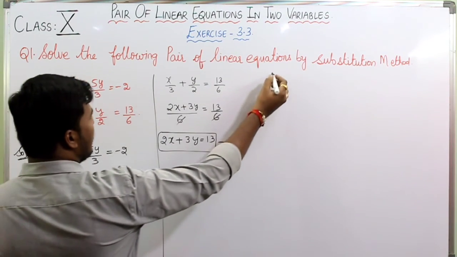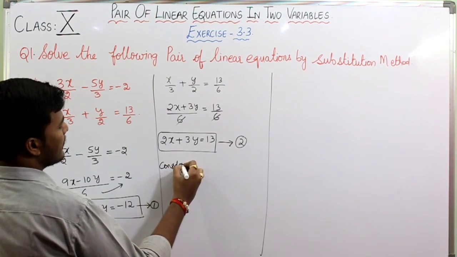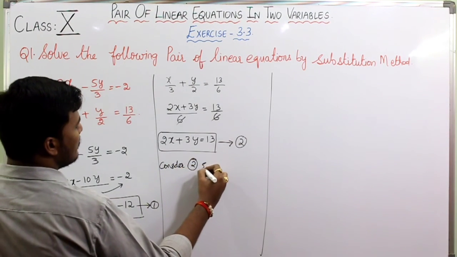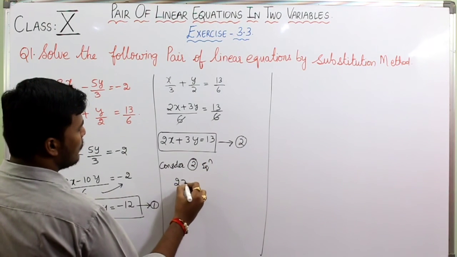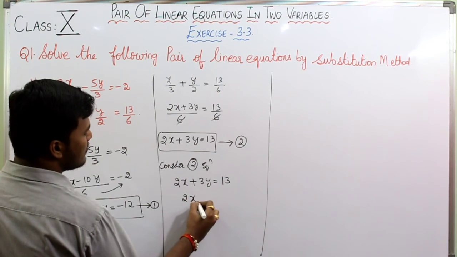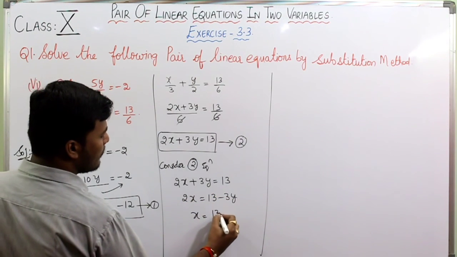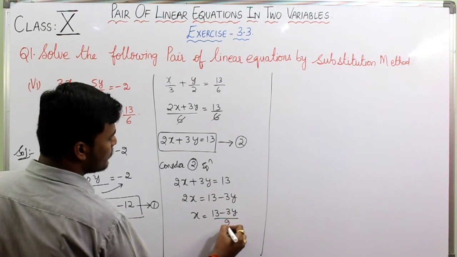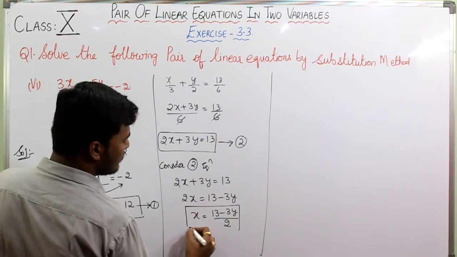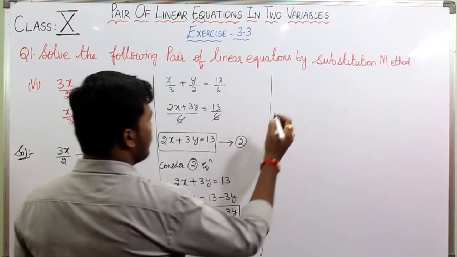Now let us take the second equation, right? Consider the second equation. From that, let us get the x value. Consider the second equation, that is 2x plus 3y is equal to 13. 2x is equal to 13 minus 3y. x is equal to 13 minus 3y by 2. Okay, this value should be substituted in the first equation, right?